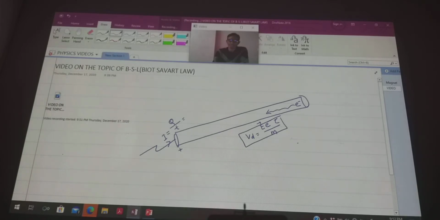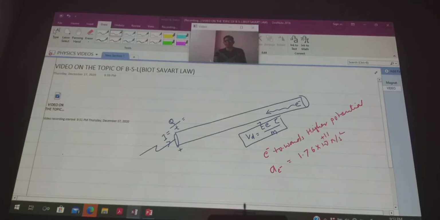When the electron is retarded toward the higher potential, its retardation or acceleration, the free electron's order is 1.76 × 10^11 meter per second square.